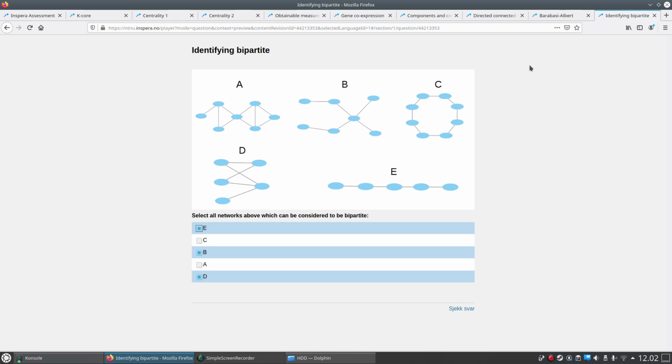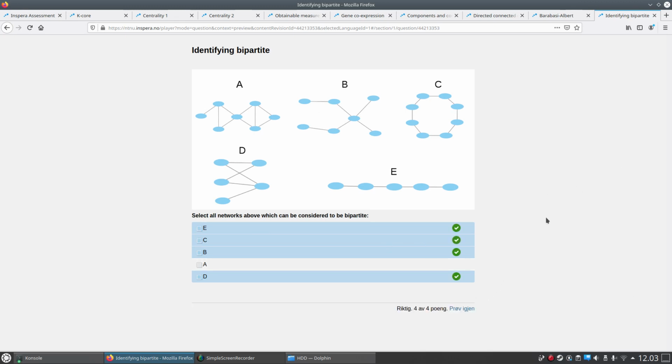We haven't labeled our nodes. So all we need to do is count one and see if that's an odd or even number. If we start here, we can say 1, 2, 3, 4, 5, 6, 7, 8. That's an even number of steps. So all the cycles here are going to be of length 8, and C can also be considered a bipartite network.